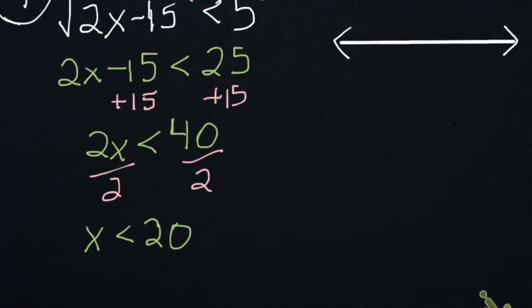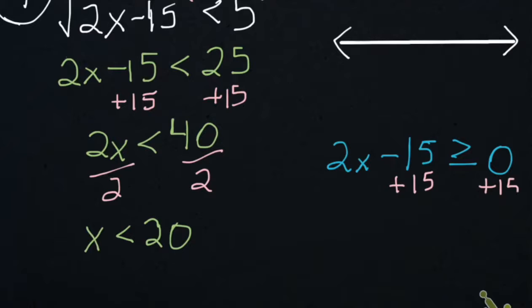Now for the inside, part 2. 2x minus 15 is greater than or equal to 0. Remember, it's always greater than or equal to 0. We need to add the 15 to the other side.